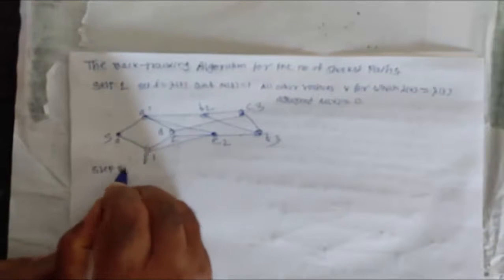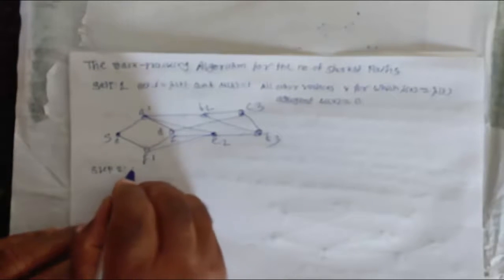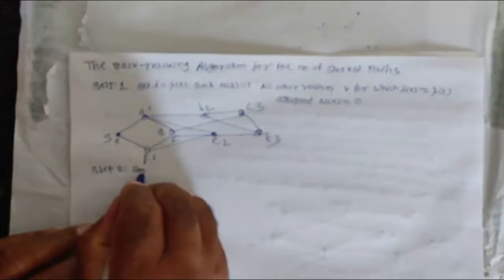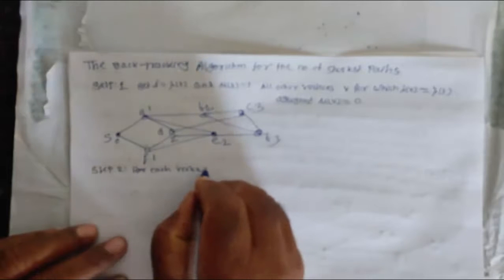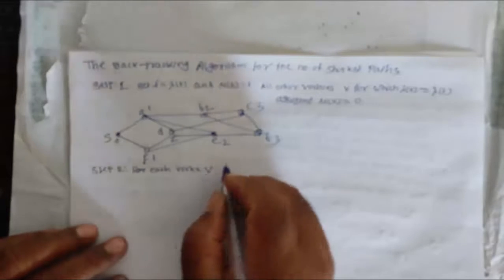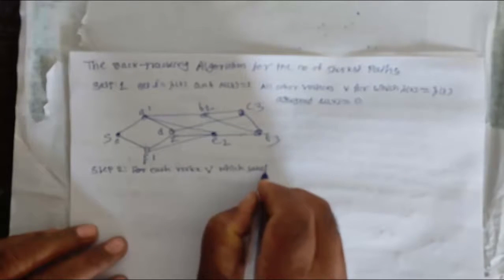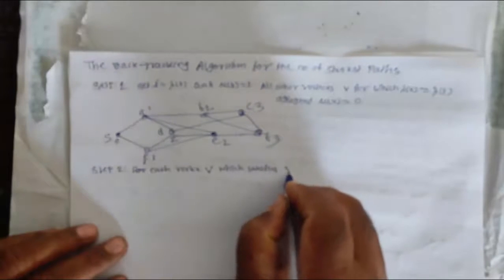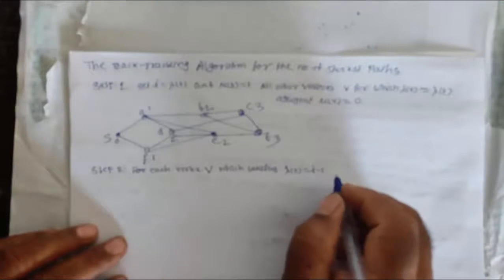Step second. For each vertex V, we satisfy lambda of V is equal to I minus 1.